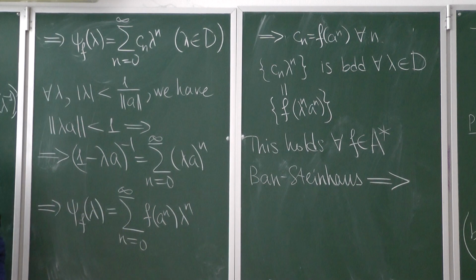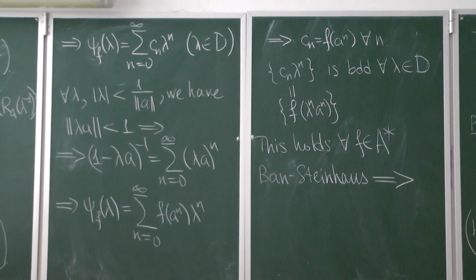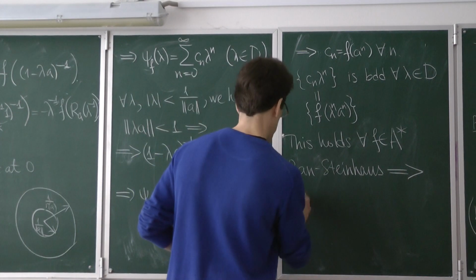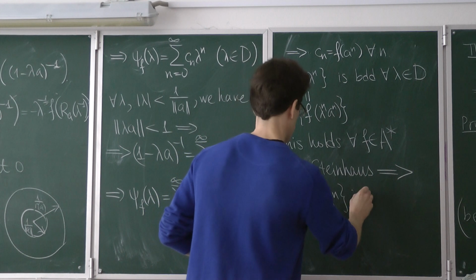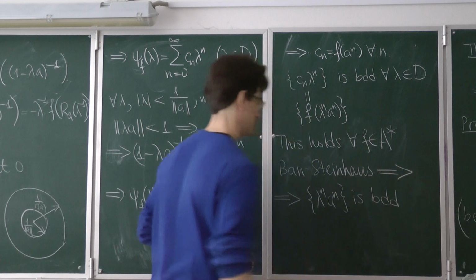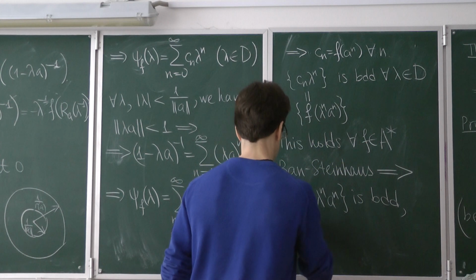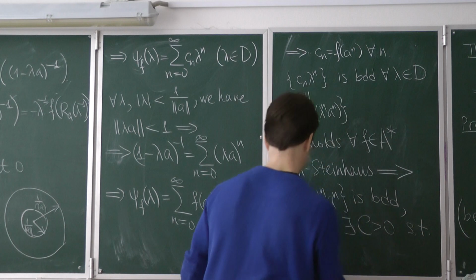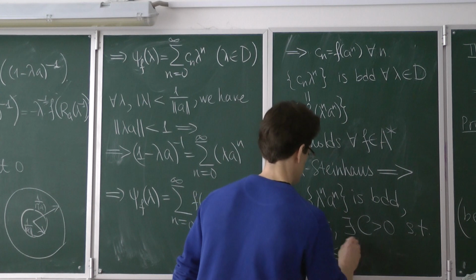We know that if we have a set in a normed space such that all bounded functionals on this set take this set to a bounded set, then the set itself is bounded. So the Banach-Steinhaus theorem implies that the sequence lambda^n A^n is bounded. There is a positive constant C such that the norm of this element is less than or equal to C for all n.